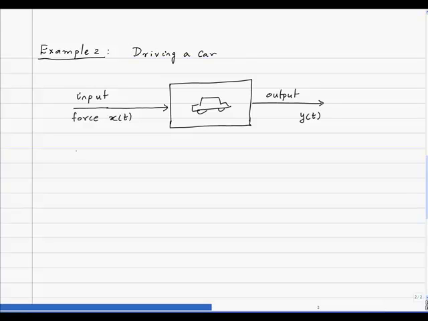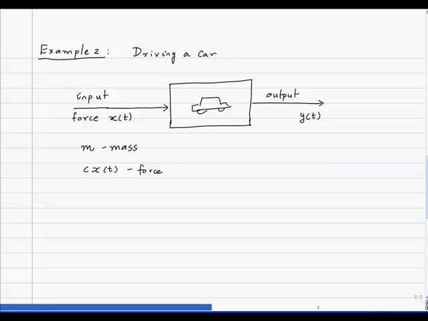So let us say that m is the mass of the car, and let us say that applying a force of x of t on the gas pedal is equivalent to applying a force of c times x of t. So the force is like pushing the car with a force of c times x of t.